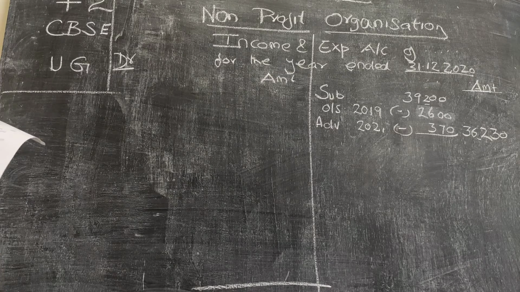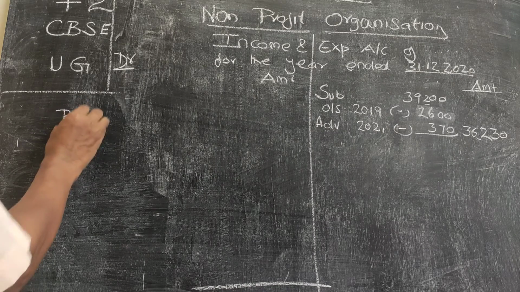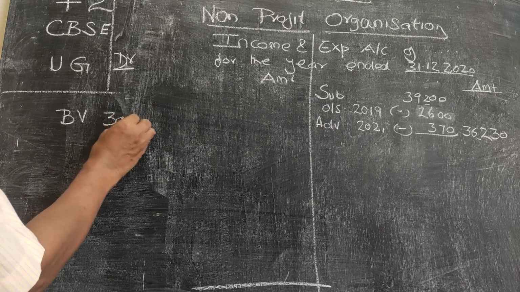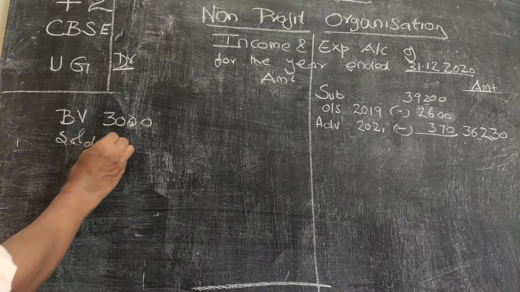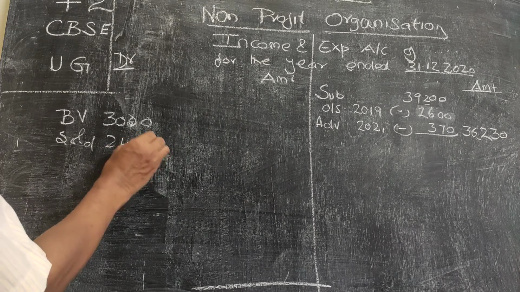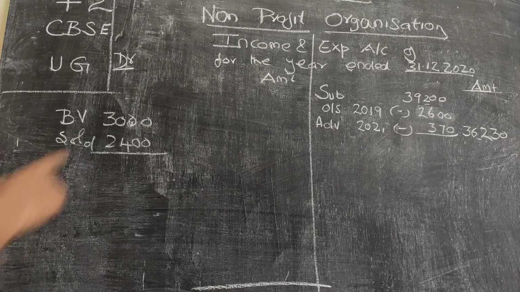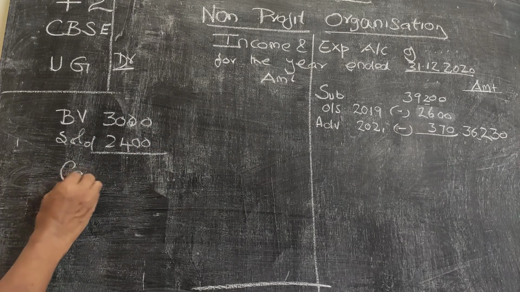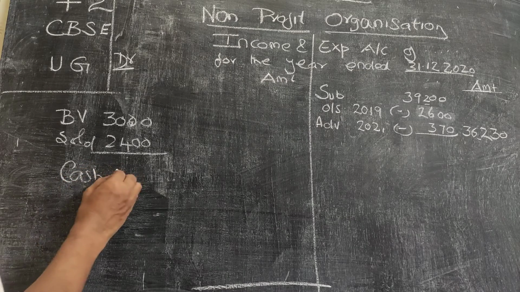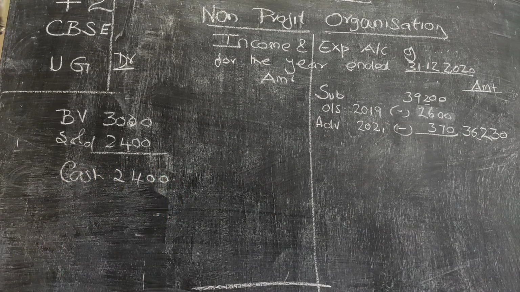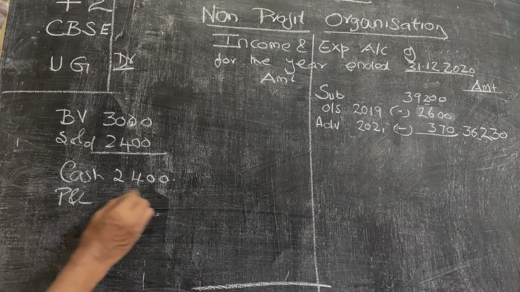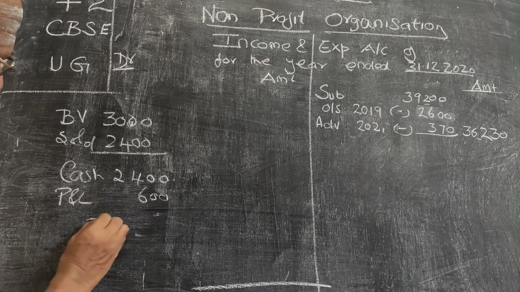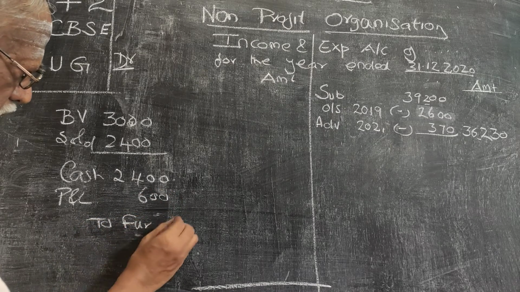The next one is sale of furniture 2,400. Book value of furniture is 3,000 as on the opening date, and we have sold for 2,400. So what is the journal entry you will make for this? Cash account 2,400, P&L account in general, that is a loss, to furniture 3,000.